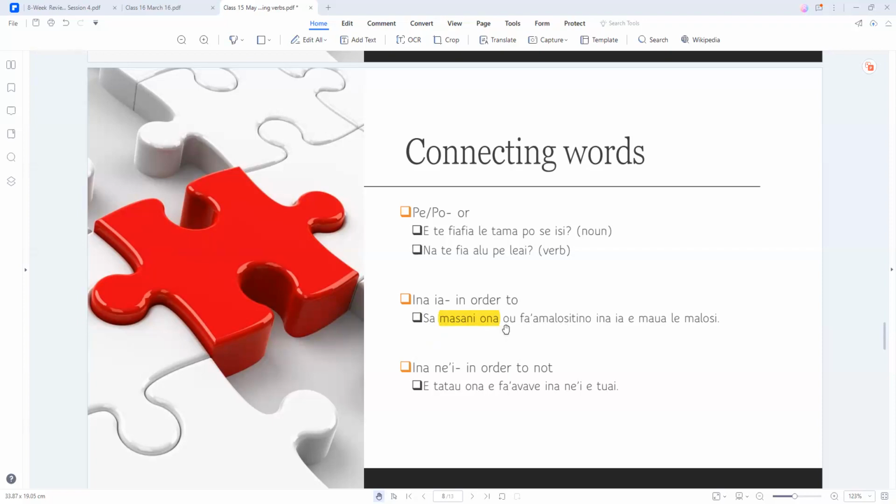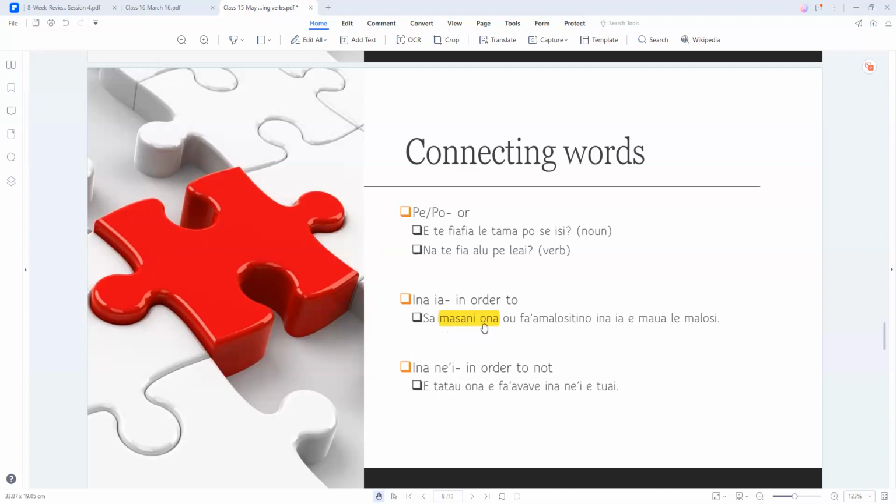I was working out. I was exercising. But if I added masani ona, what does that mean? Sa masani ona o fa malositino. That's usually the helping verb for fa malositino.